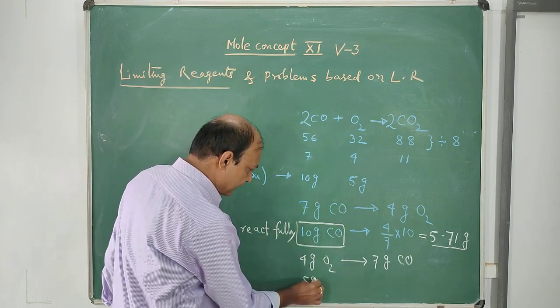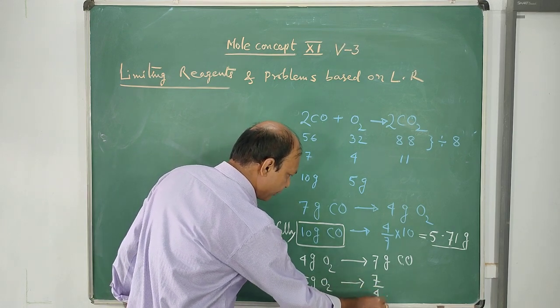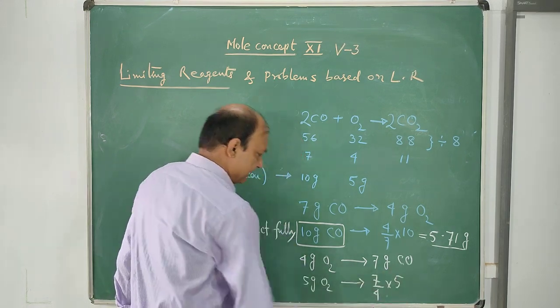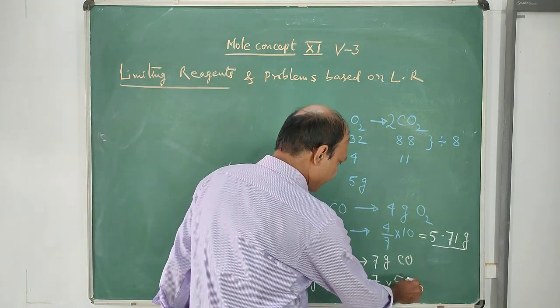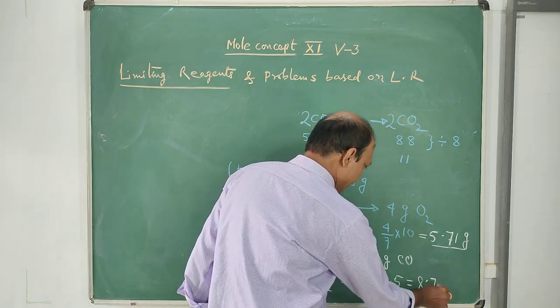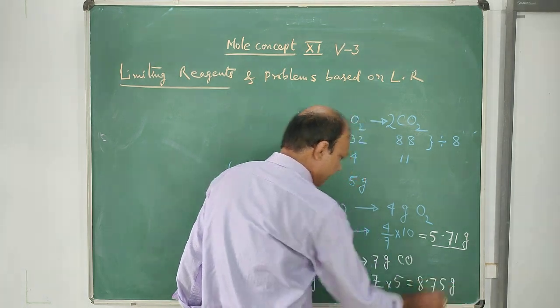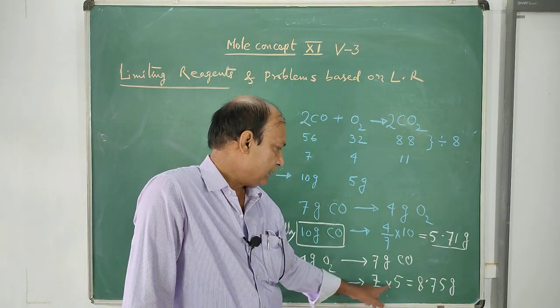So for 5 gram oxygen, carbon monoxide required equals 7 by 4 into 5, that is 35 by 4, which equals 8.75 gram.